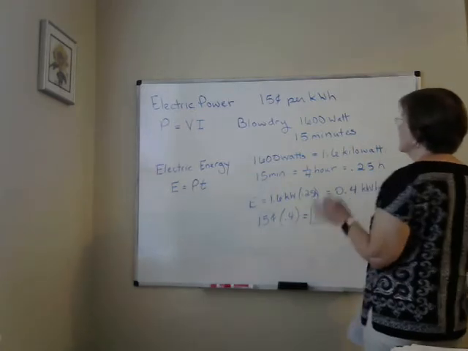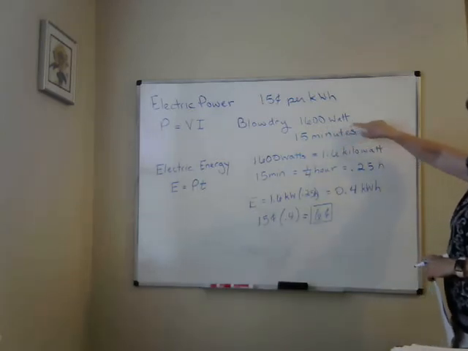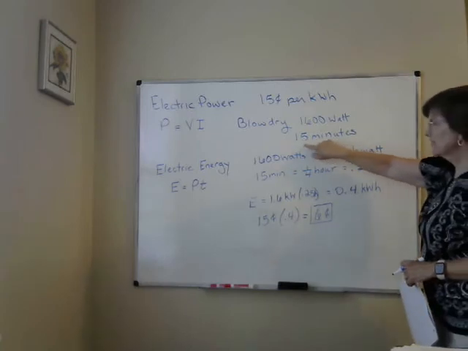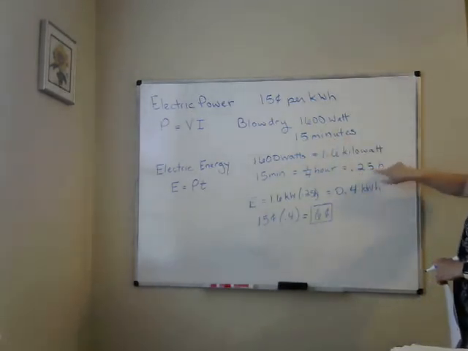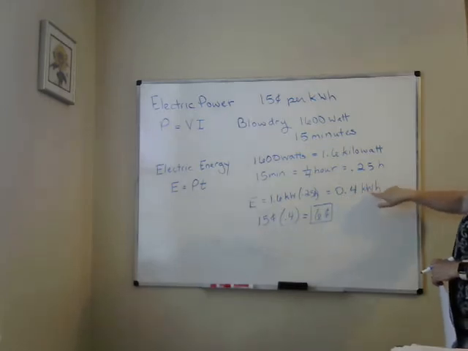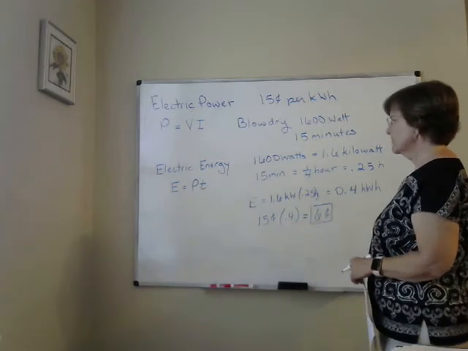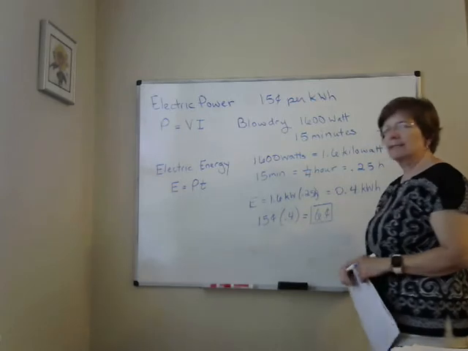So if you're paying 15 cents per kilowatt hour, your blow dryer uses 1600 watts or 1.6 kilowatts, and you use that blow dryer for 15 minutes, which is 1/4 of an hour, you used 0.4 kilowatt hours of power, or 6 cents. 15 cents per kilowatt hour, 6 cents.